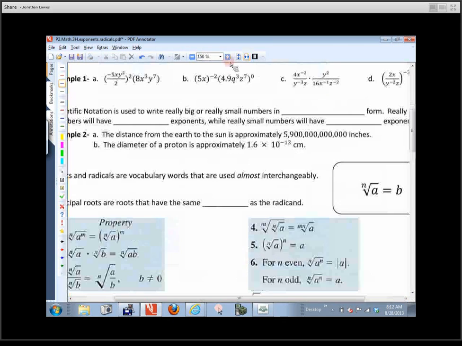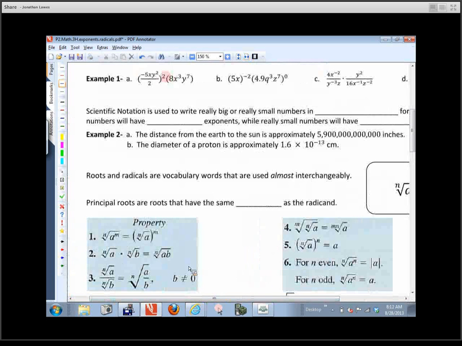Okay? So if I do that, I end up with, what's negative 5 squared? 25. X squared. What's y squared squared? Y to the 4th. And 2 squared, get a 4 on the bottom. Then I've got times, I've got an 8, x to the 3rd, y to the 7th.